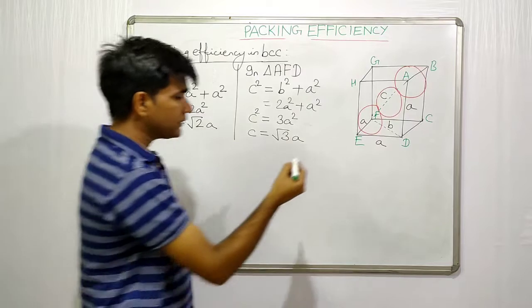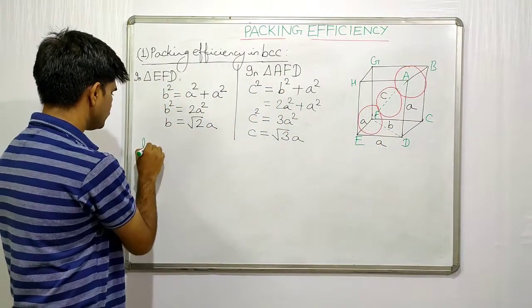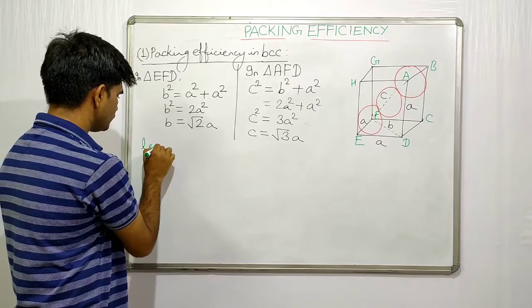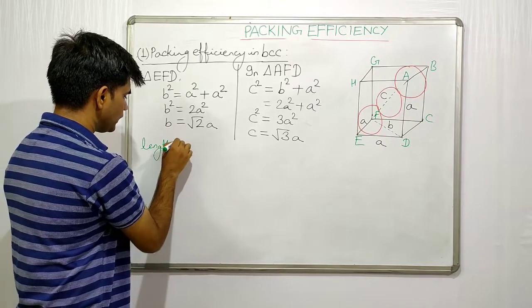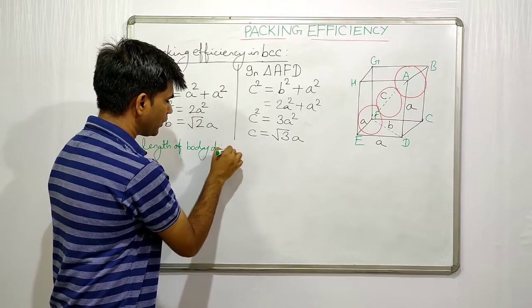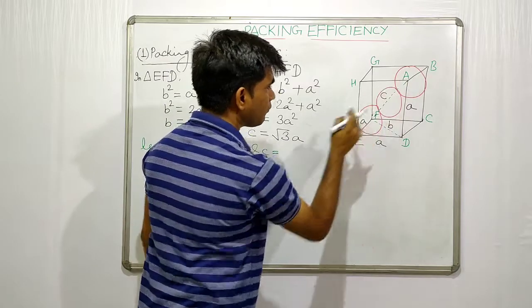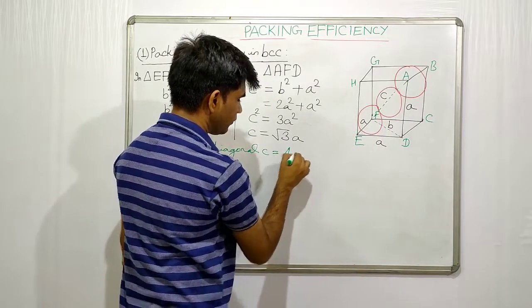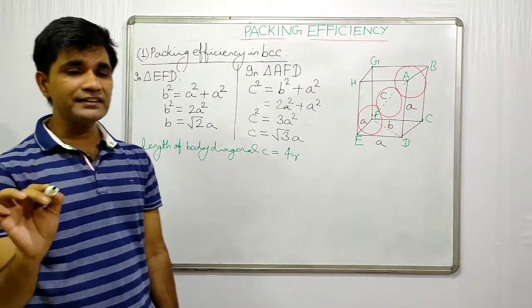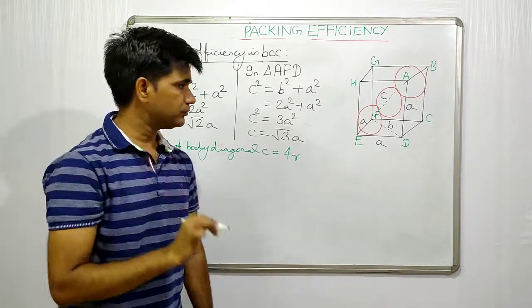Now the length of this body diagonal C is equal to 4R, where R is the radius of the sphere or radius of the atom.